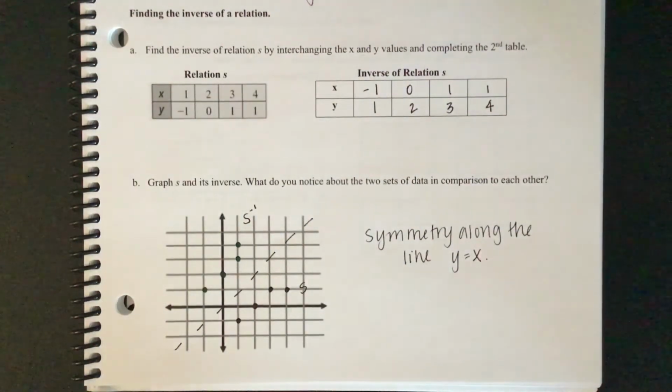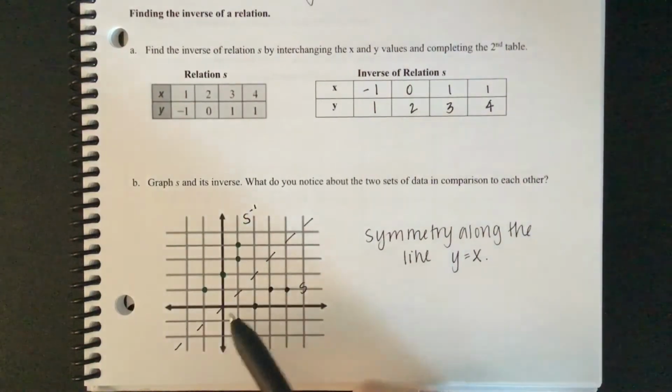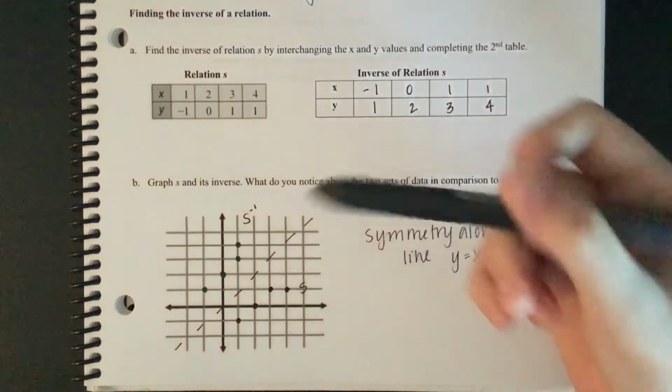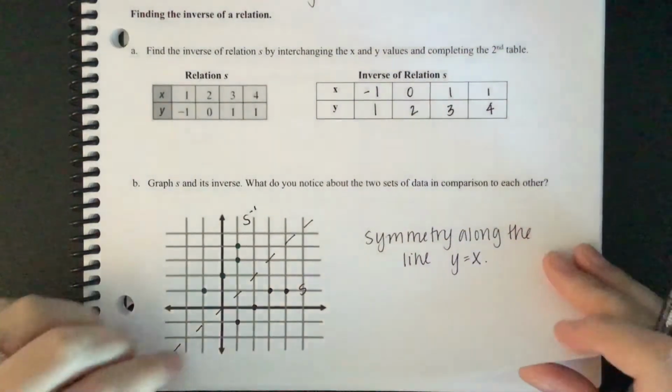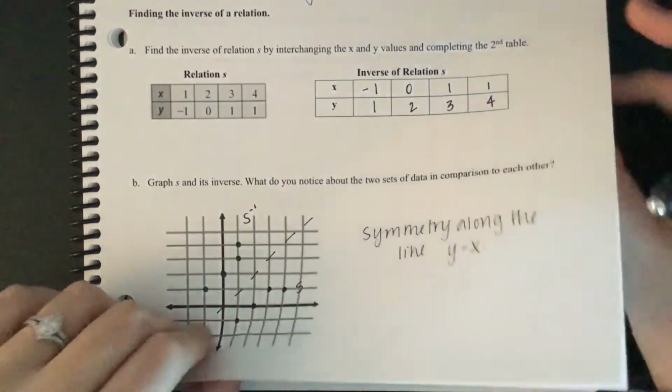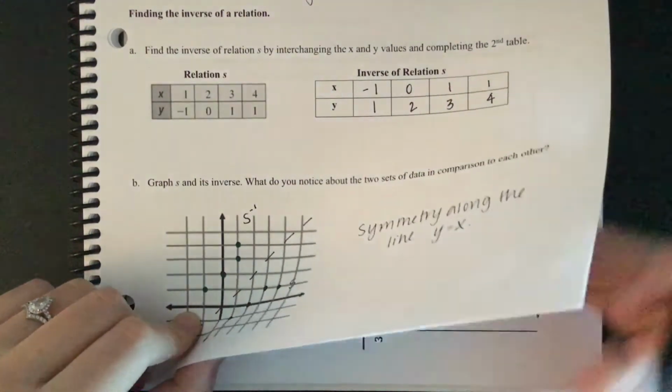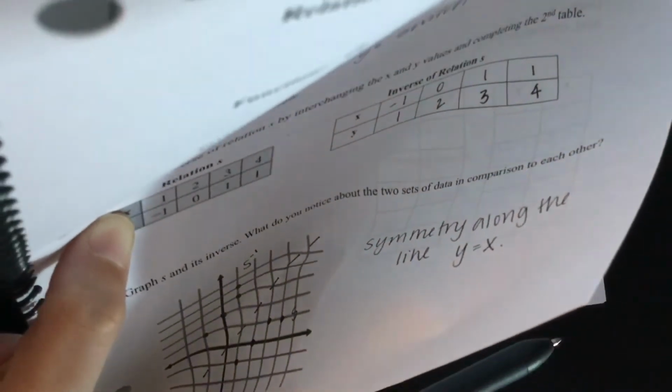That's a slope of 1, a y-intercept of 0. So it's going up 1, 1, 1, 1. If I were to take your paper and try to fold on that dotted line, your points are going to match up. I wish I could show you this. Can we see that? Not really.